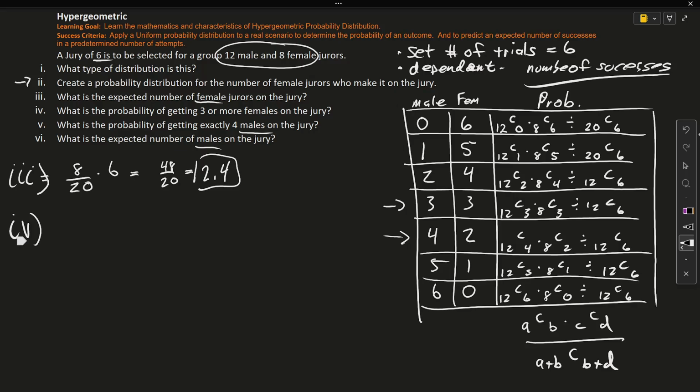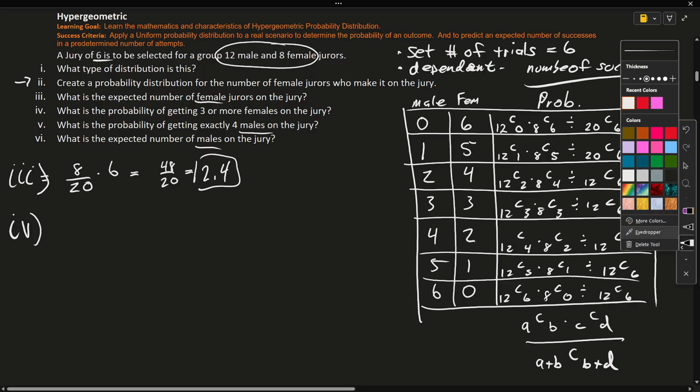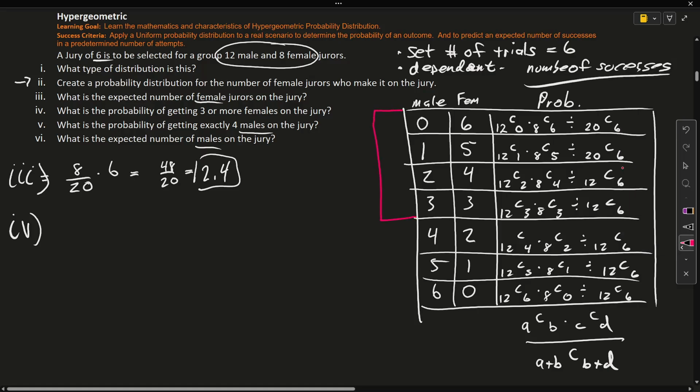All right. Now, what is the probability of getting 3 or more females on the jury? So in order to get 3 or more, I need to get 3. Oh no, that's not the right one. Let me erase this. Let me go ahead and do a different color. 3 or more female jurors would be this area up in here, because this would be 3, 4, 5, or 6 female jurors.